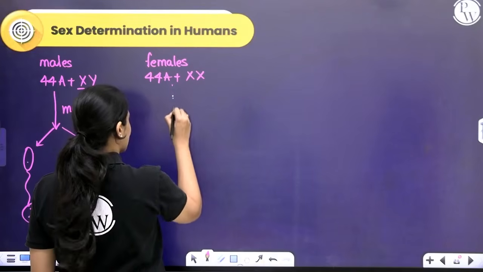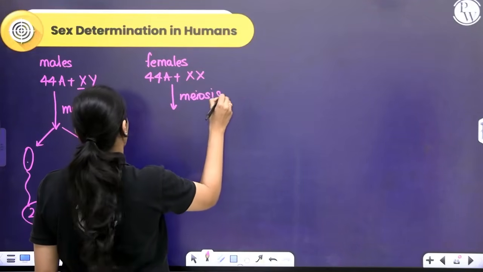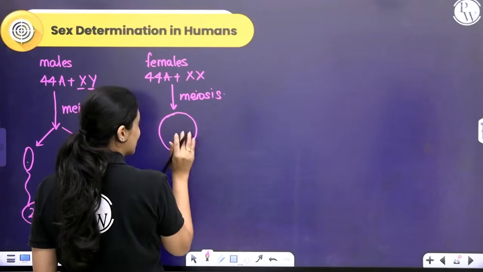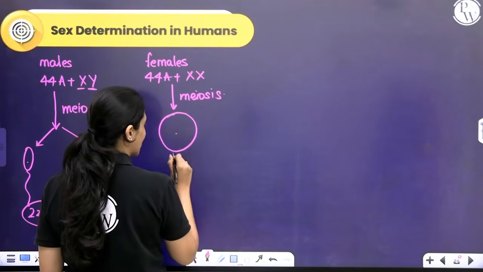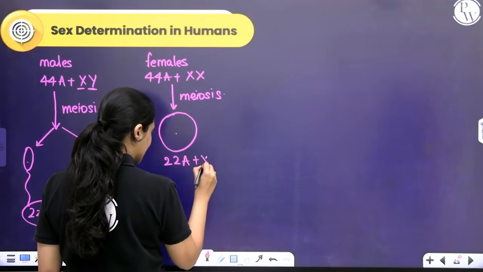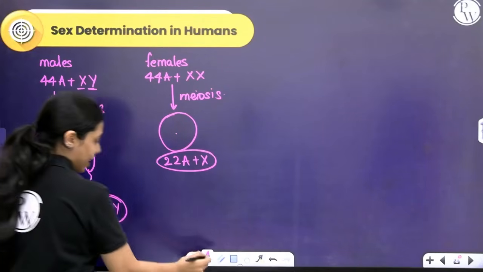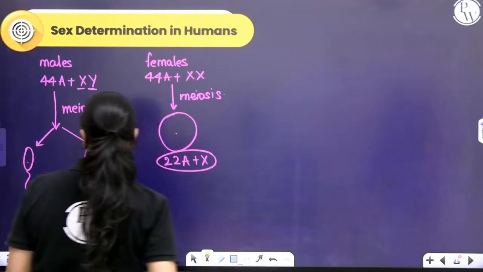In females, when they undergo meiotic cell division, they will all produce the same type of egg, which has 22 autosomes plus X chromosome. So these cells are haploid, you know that.